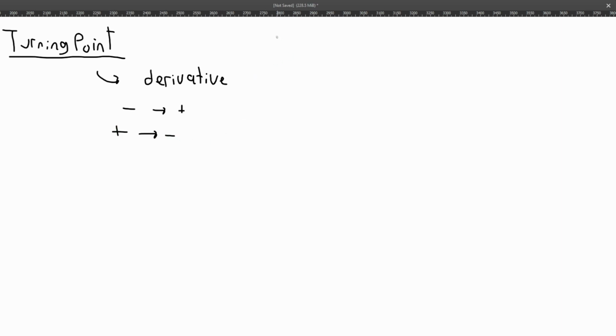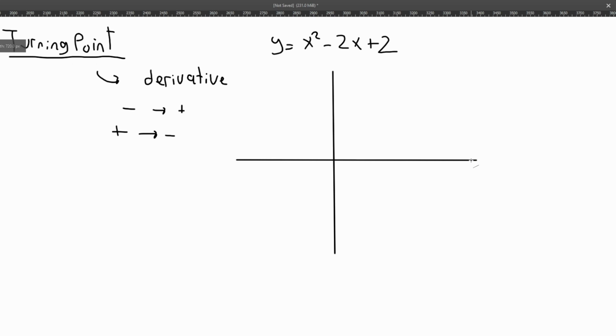So again, consider the function, for example, y equals x squared minus 2x plus 2, let's say. And if we draw the graph of this function, what would this be? This is x minus 1 squared plus 1.